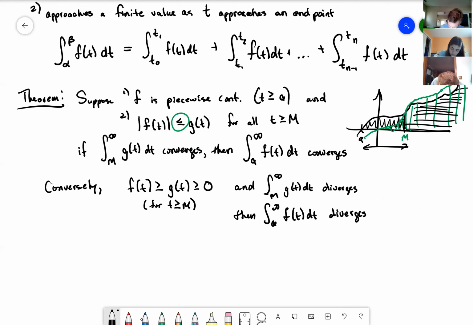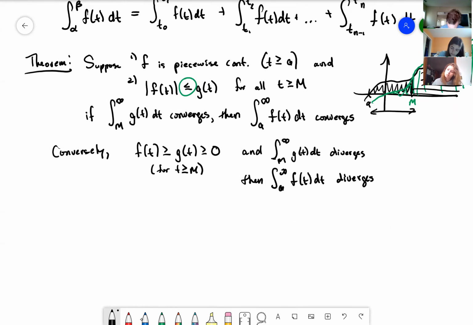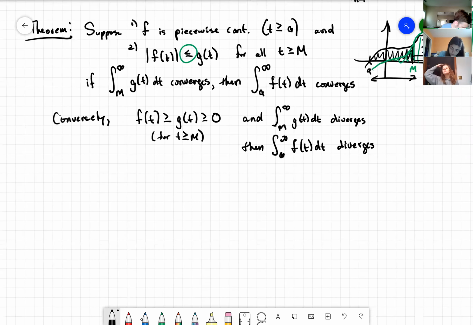And you can see the same thing. The area under the curve of f of t has to be bigger than the area under the curve of g of t. So if one diverges, the other one does too.